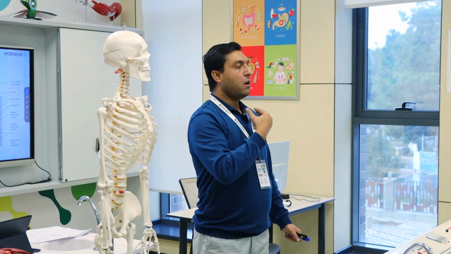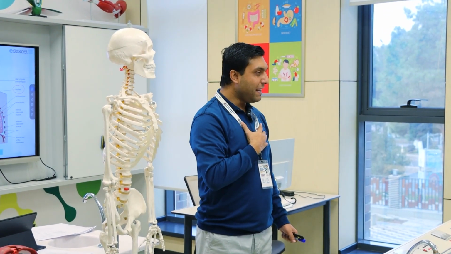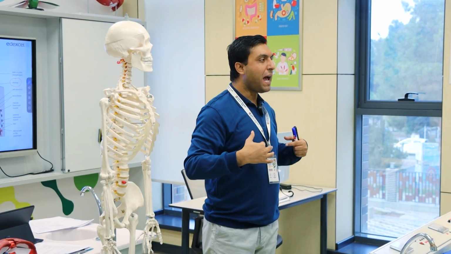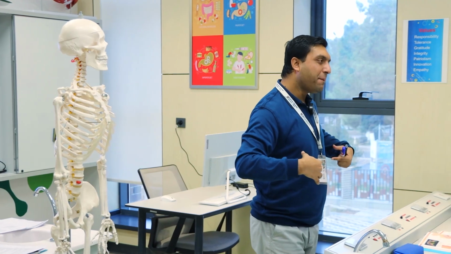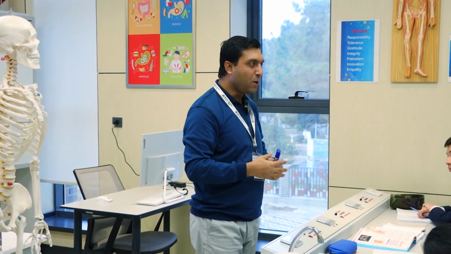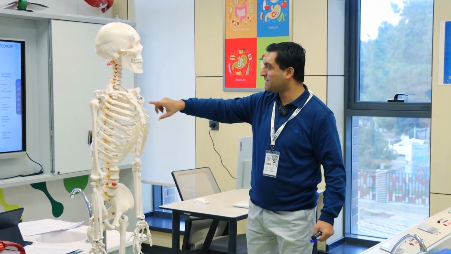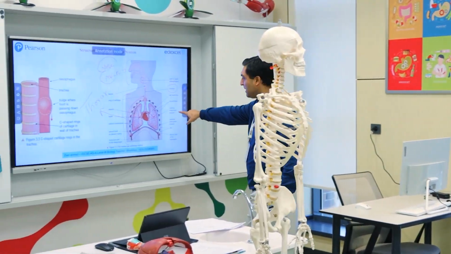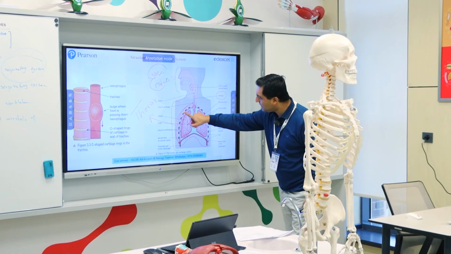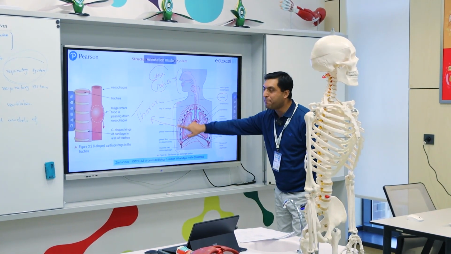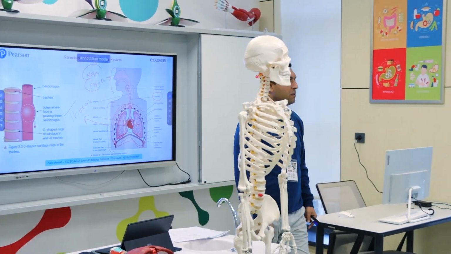So imagine if I am breathing in. It means that the outside pressure is high and the inside pressure is low. Clear? And when I breathe out, the inside pressure will be high and the outside will be low. So this diaphragm and the muscles surrounding the rib cage, they both help us in this mechanism.